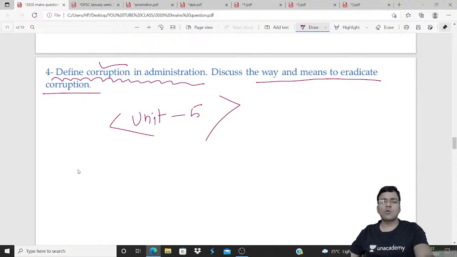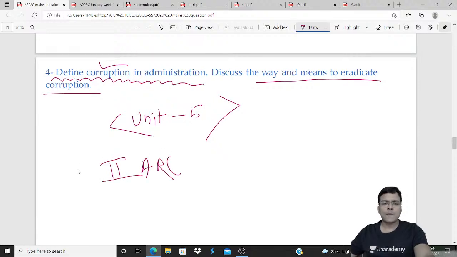Corruption, outcome of corruption, mechanism to solve corruption. From Lokpal and Lokayukta, CVC, CBI, SVC, and Mo Sarkar 5T also we can write. Here second ARC we can mention. So good question, and everyone has written this.